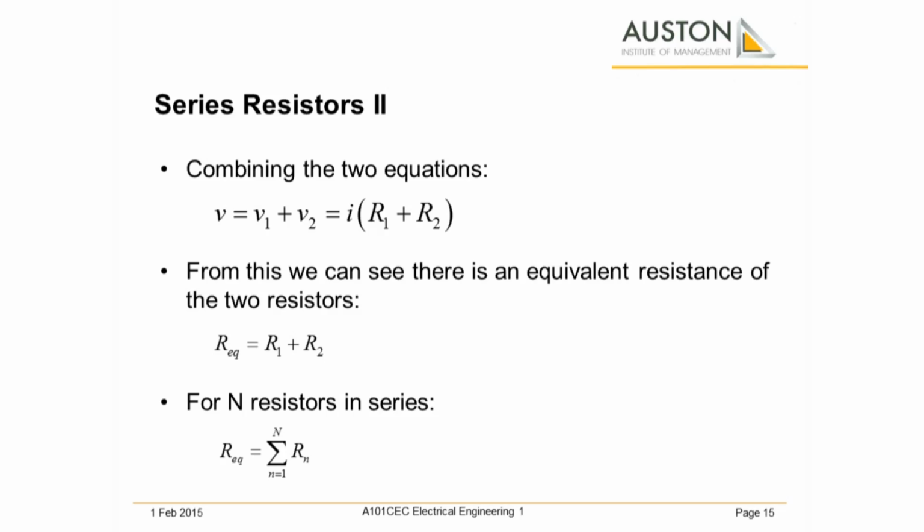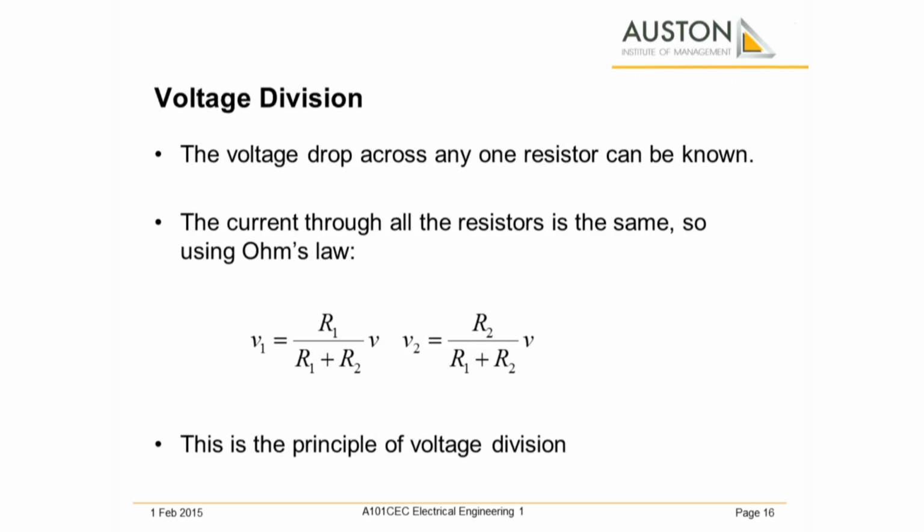in series. In a series circuit, the voltage drop across any resistor can easily be known through voltage division. Thus, referring to the previous figure, the voltage across the resistor R1 is equal to R1 multiplied by the voltage source V divided by R1 plus R2.